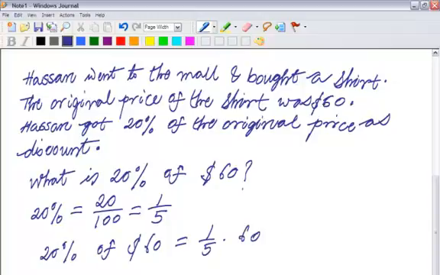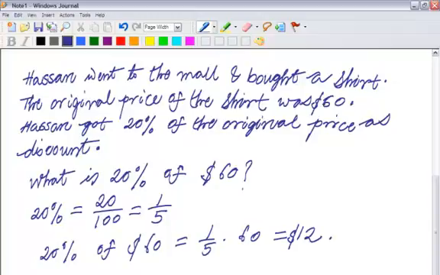So what is 1/5 of $60? Exactly 12, right? 5 times 12 is 60. Okay, so $12 is what you got as a discount.